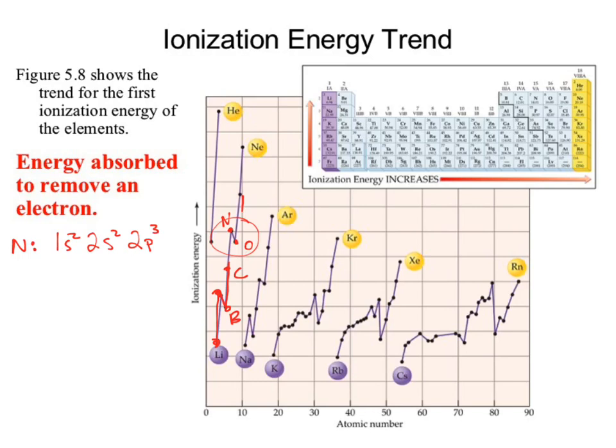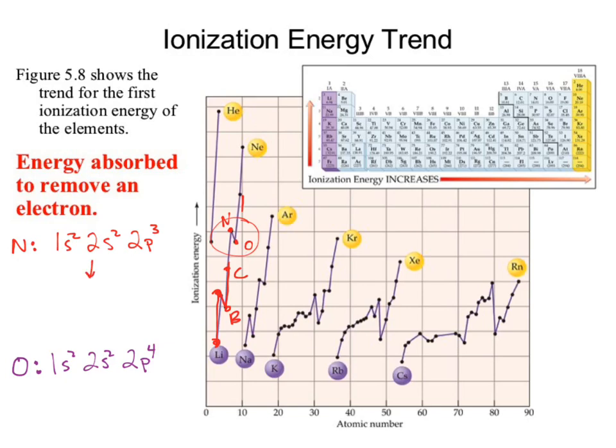For carbon, what do I get? Carbon is 1s2, 2s2. I don't know why I asked carbon. That was a dumb question. Let's try that again. Oxygen, 1s2, 2s2, 2p4, right? Well, now it's obvious, right? Maybe what we need to do is see what happens when we remove an electron.